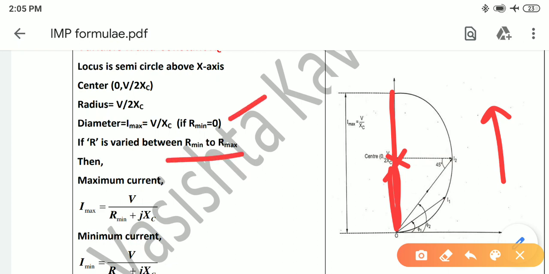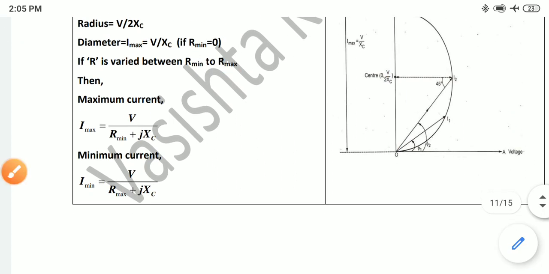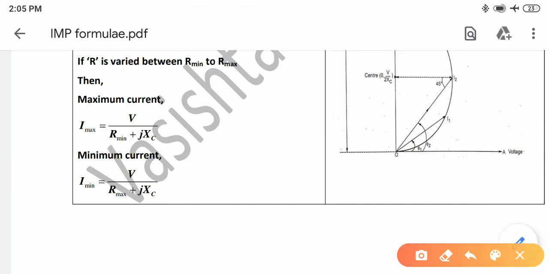But sometimes the resistance minimum is not 0. If resistance is varied between finite values R minimum and R maximum, then I max is V by R minimum plus jXC, and the minimum current is V by R max plus jXC. So maximum current is obtained with the minimum resistance, and minimum current with the maximum resistance.